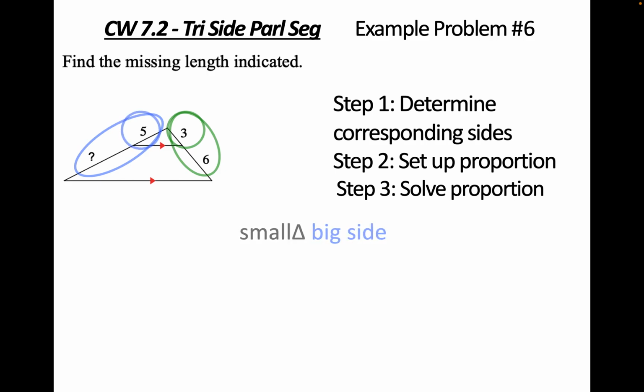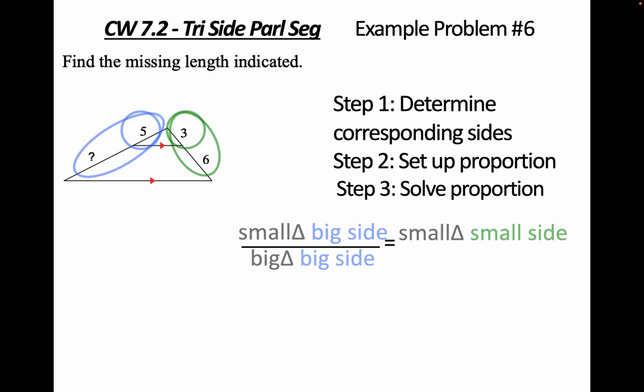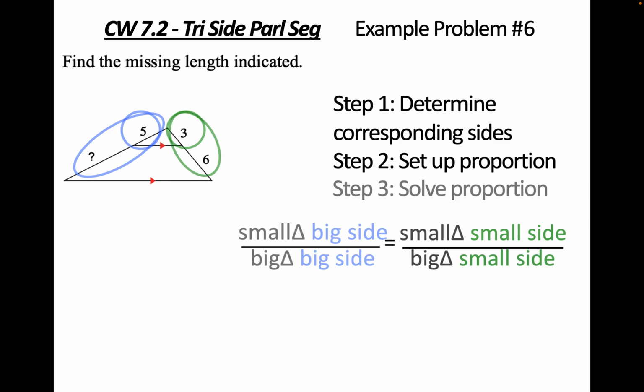Once again, the small side of the small triangle, the big side, compared to the big triangle, big side, is going to equal the small triangle, small side, compared to the big triangle, small side. All right, so now I can solve my proportion. So 5 over x plus 5 equals 3 over 9.